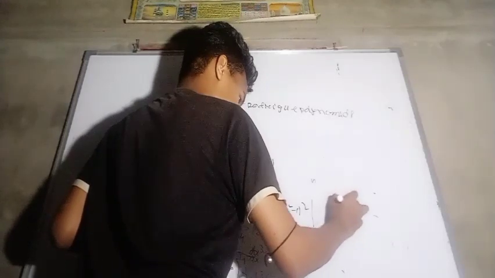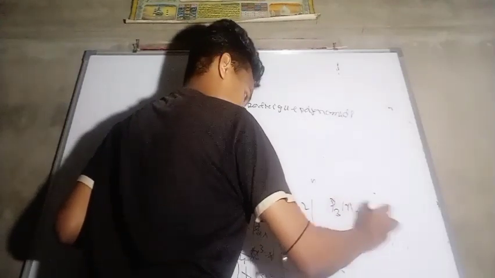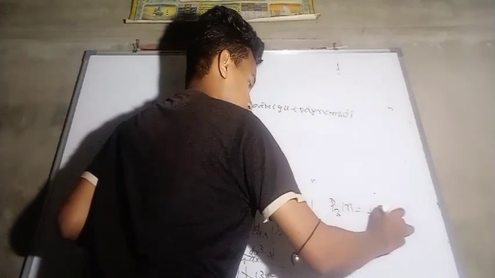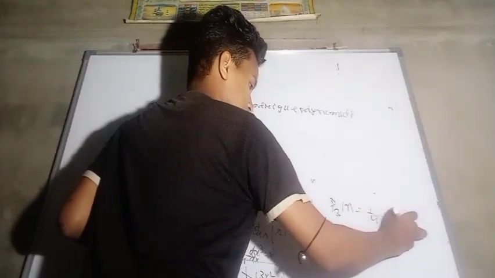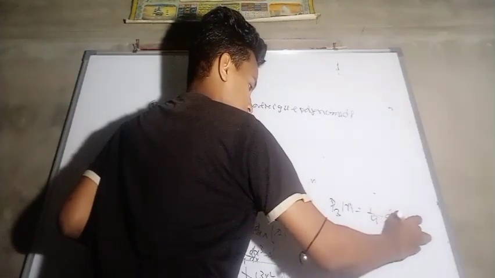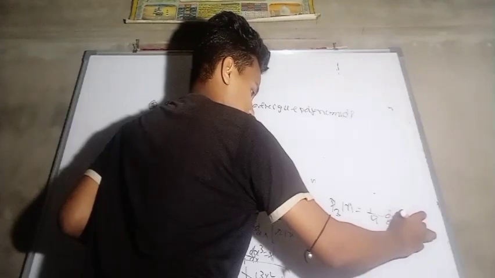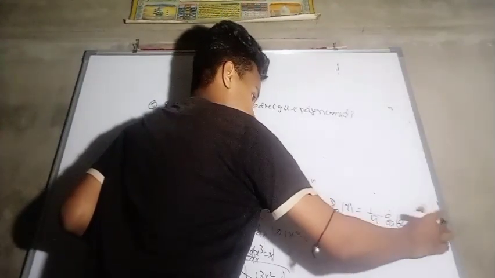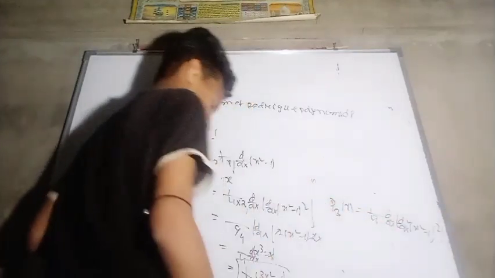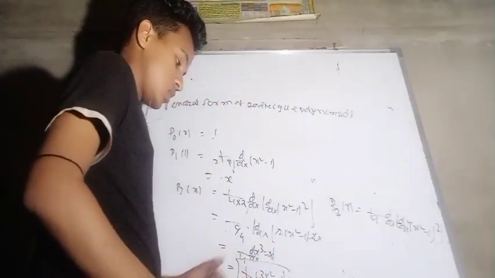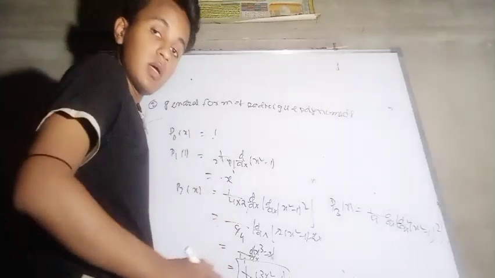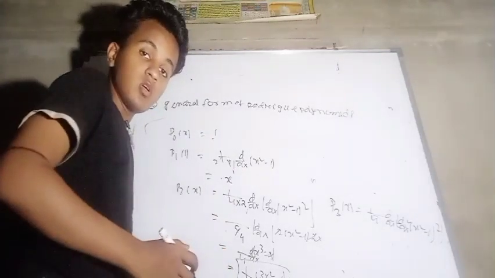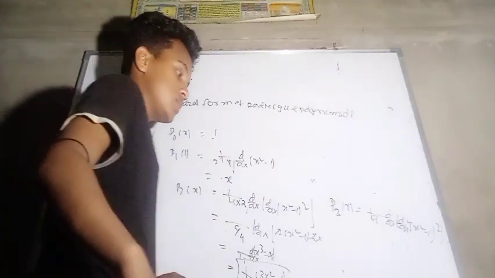P3(x) equals 1 by 48, d cubed by dx cubed of (x squared minus 1) cubed. What is this? Now let's find the derivative of this.